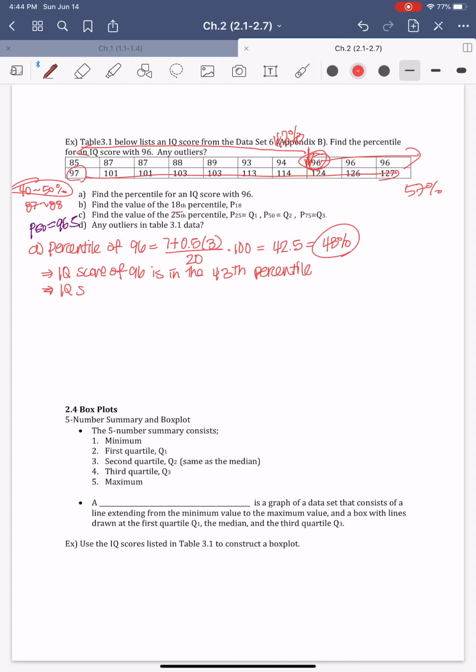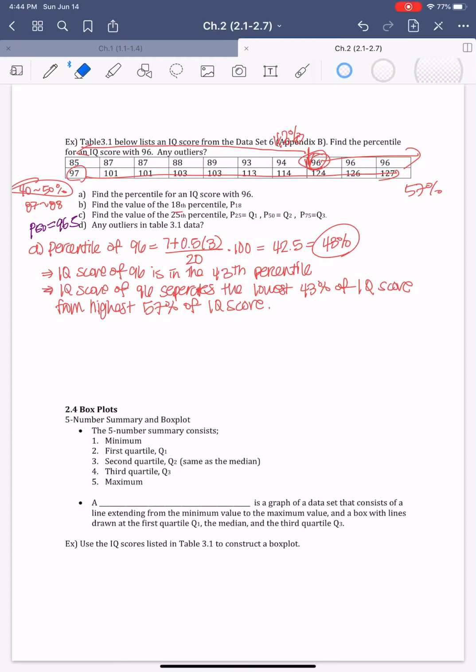That means an IQ score of 96 separates the lowest 43% of IQ scores from the highest 57% of IQ scores. Okay, so that's good. Our prediction was correct.